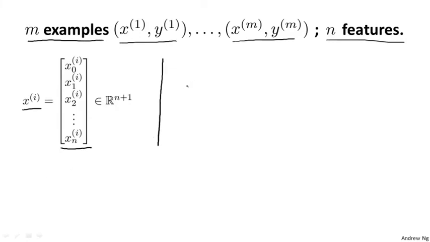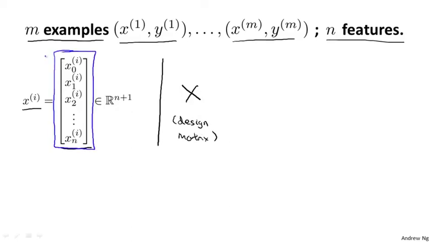It's an n+1 dimensional feature vector. The way I'm going to construct the matrix X, this is also called the design matrix, is as follows. Each training example gives me a feature vector like this, that's this n+1 dimensional vector.